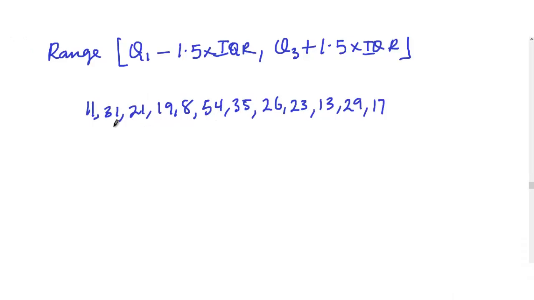So the first thing we need to do is arrange the numbers in ascending order of magnitude, from the least number to the highest. The least number in this series is 8.